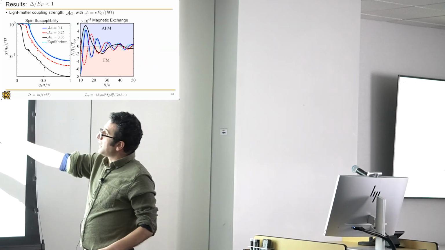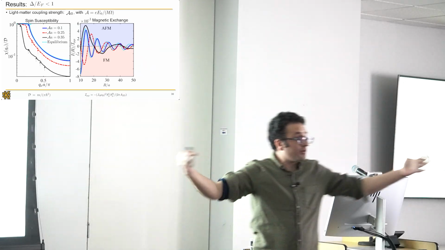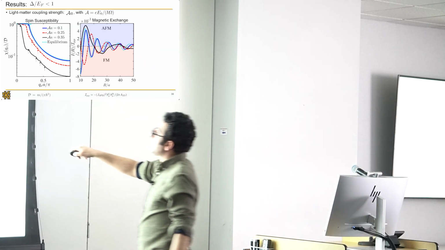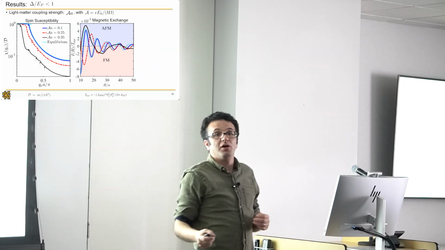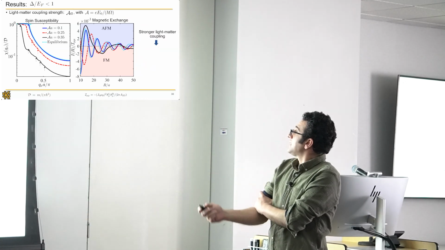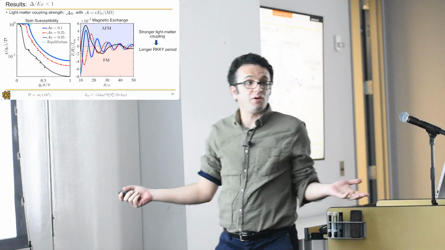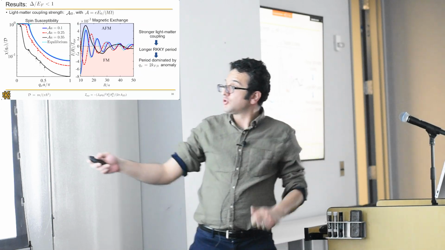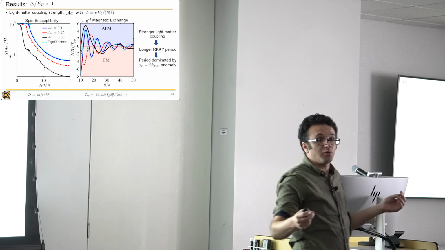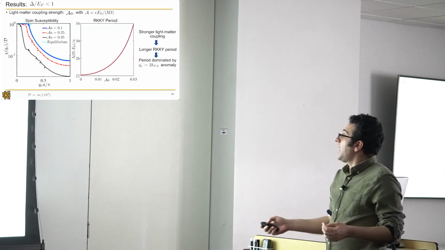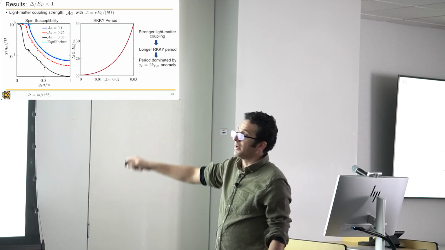And then as I increase the light matter coupling, I notice that the period of my RKKY is increasing. When I have a very strong light matter coupling, I have a small modulation due to other periods. So that means that with a strong light matter coupling, I will have a longer RKKY period. And this period is usually dominated by the zero Floquet band, which is the equilibrium-like band. As we can notice, as I increase the light matter coupling, it becomes longer.